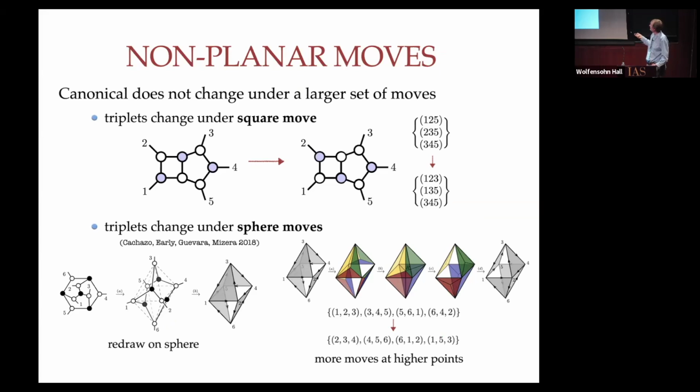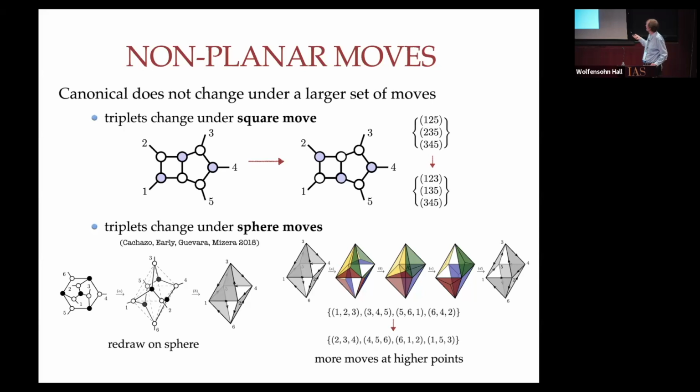But these are not the only moves. There are also other moves which were found in this beautiful paper under the name of the sphere moves. You can take the diagram, draw it on the sphere, and there is a sequence of moves which will change the triplets, but they are not changing the form for the diagram.